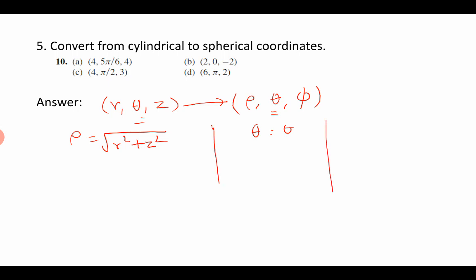And the formula for phi by using r and z.